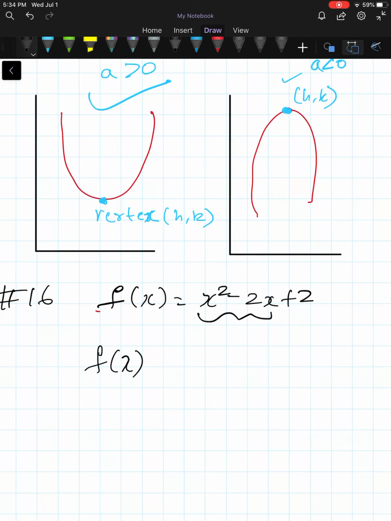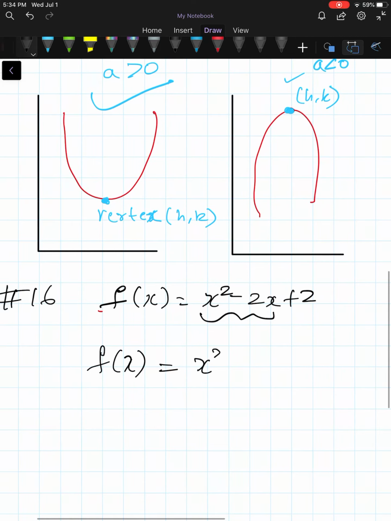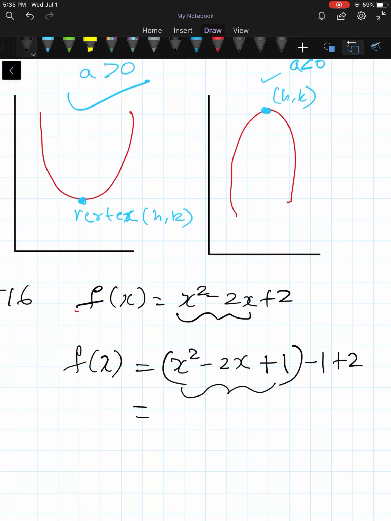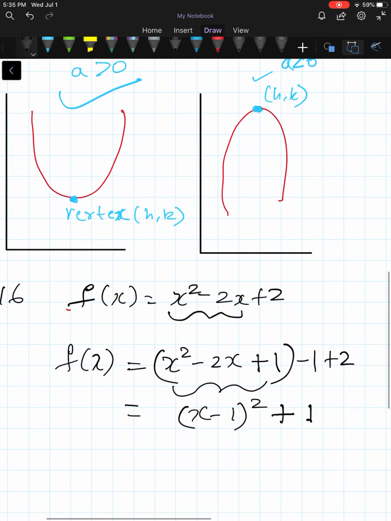I can do that by f of x is equal to x square minus 2x plus 1, and add and subtract 1, minus 1 plus 2. So this is of the form x minus 1 the whole square, and the next term will be plus 1, because minus 1 plus 2 is nothing but plus 1.